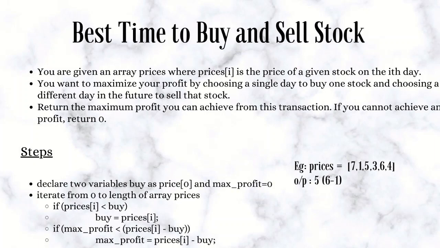So how are we going to do that? We will declare two variables, buy, which is assigned prices of 0, that is the first value, and max profit. So buy will be 7 now, and max profit value will be 0. Now we have to iterate from 0 to the length of the array.